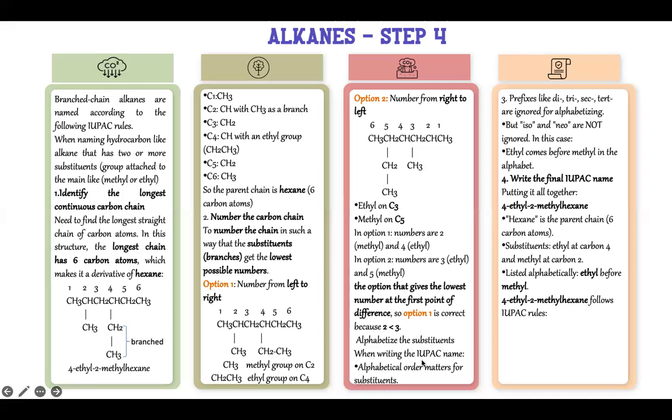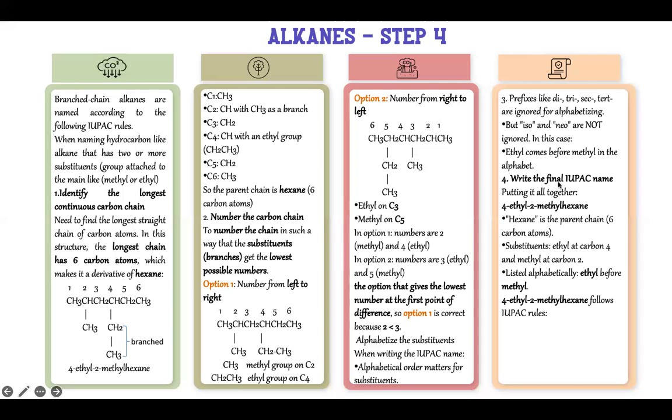When writing the IUPAC name, alphabetical order matters for substituents. Thirdly, prefixes like di, tri, sec, and tert are ignored for alphabetizing, but iso and neo are not ignored. So in this case, ethyl comes before methyl in the alphabet.